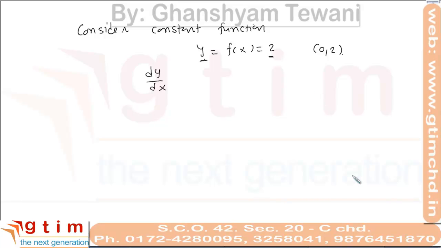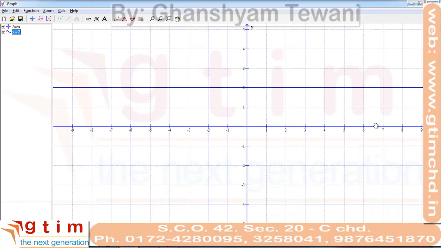Let's see on the graph paper how the graph of this line looks. Now this is the graph of y is equal to 2. For any point on the graph here, the value of y is always 2 because this height is always 2. And this line is passing through this point which is (0, 2).